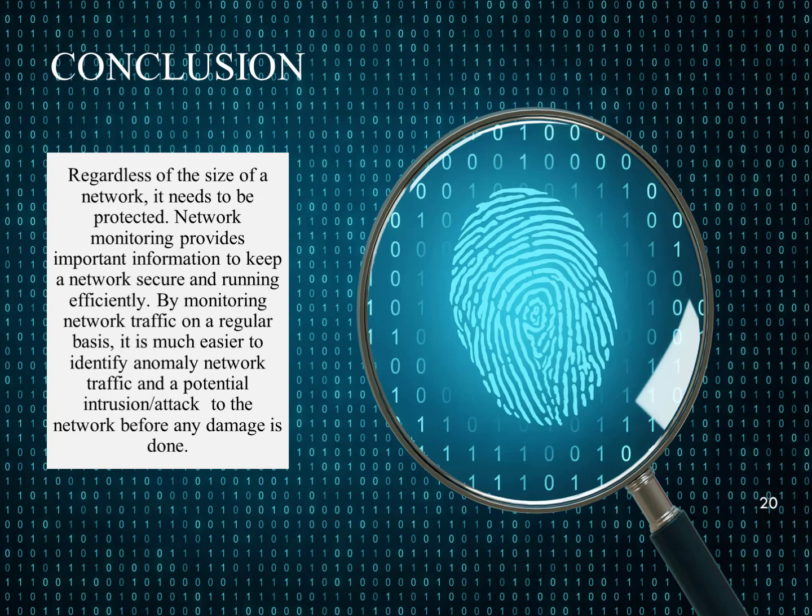Now, as a conclusion, I want to say that regardless of the size of a network, it needs to be protected and monitored regularly. By monitoring the network on a regular basis, it is much easier to identify anomalous network traffic and a potential intrusion or attack on the network before any damage is done.